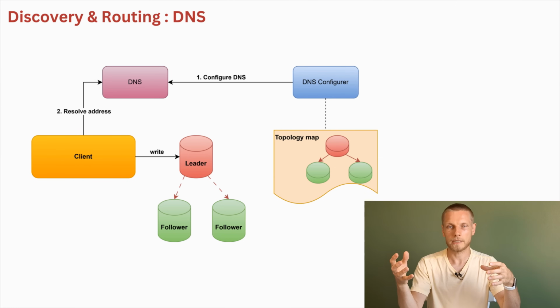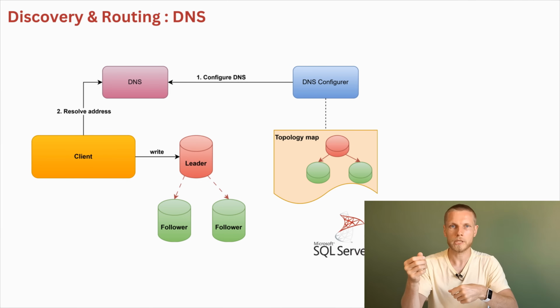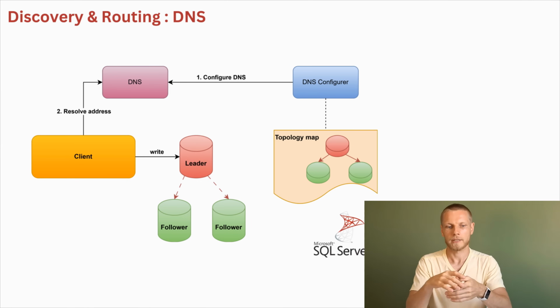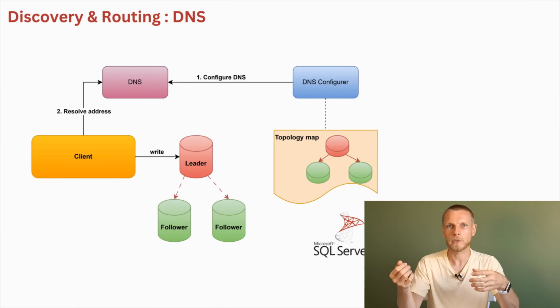An example is Microsoft SQL Server Always On replication. It has a DNS name and a virtual IP which always points to the current leader of the cluster. The main advantage is that we don't need an additional component which is highly loaded and sits on the critical path, and we have built-in caching.